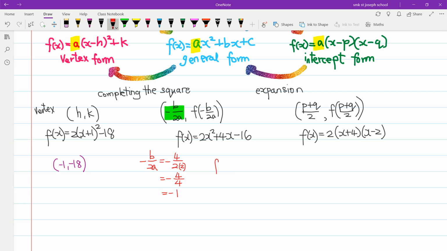And next we do f of negative 1. Why negative 1? It is the value of negative b over 2a, the x.